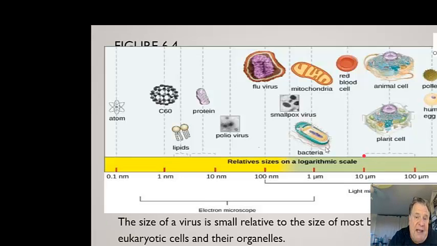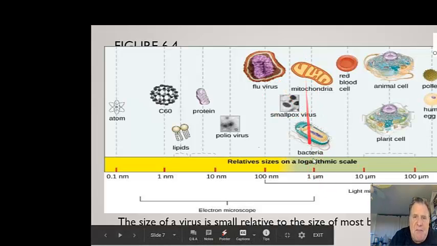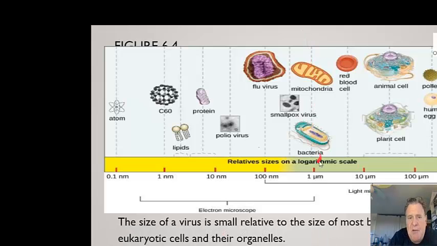We want to look at sizes. One micrometer is about the size of a mitochondria or of an Escherichia coli. Typically, viruses are much smaller than this. They're going to be a little bit larger than some molecules and proteins, but smaller than a bacteria. We're talking about something around 50 nanometers for a small virus.